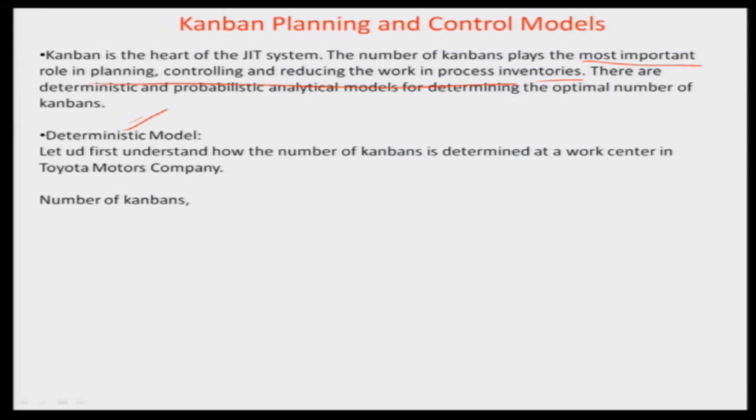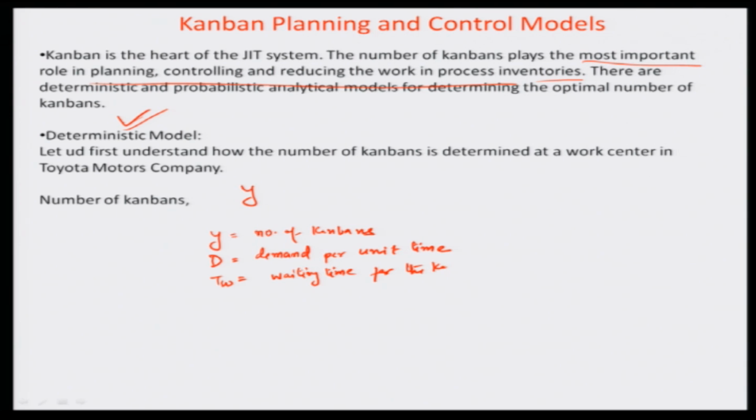So, let us first talk about the deterministic model. In this model, let us say y is the number of Kanbans, and let us also say that d is the demand per unit time, and obviously Tw is the waiting time for the Kanban, and Tp is the processing time for the Kanban.